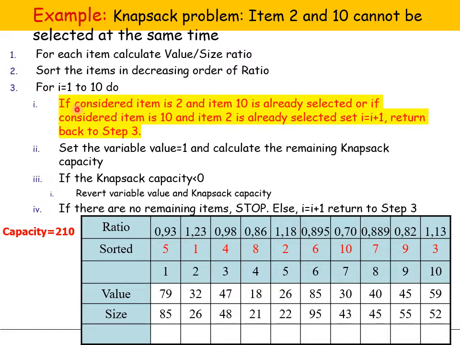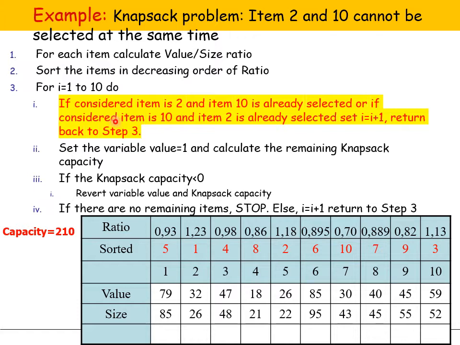The control says that if the considered item is 2, and if item 10 is already selected before this item 2, what does it mean? It means that according to this restriction, we cannot select item 2 anymore.